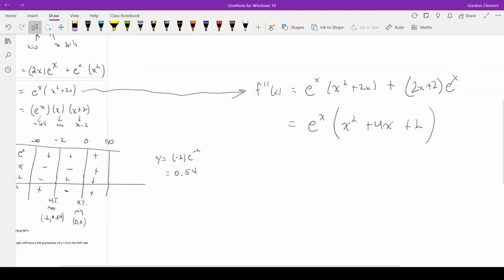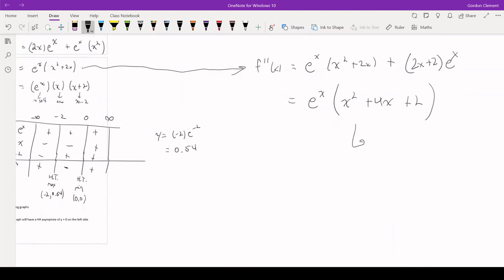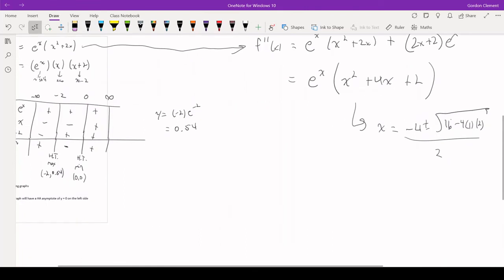So we have that quadratic at the end there. It does not factor, so let's just see what we can do with that. X is going to be -4 plus or minus the square root of 16 minus 4 times 1 times 2, all over 2 times 1. That's -4 plus or minus the square root of 8, over 2.